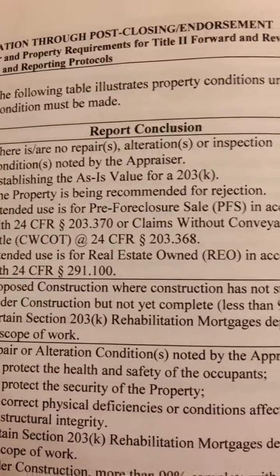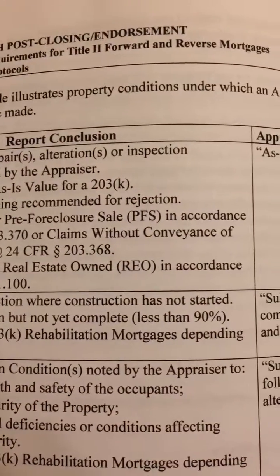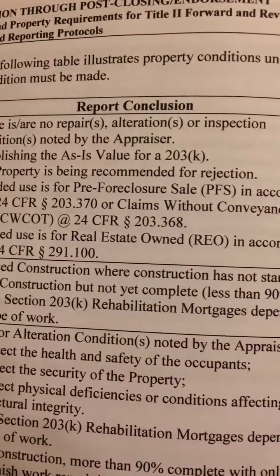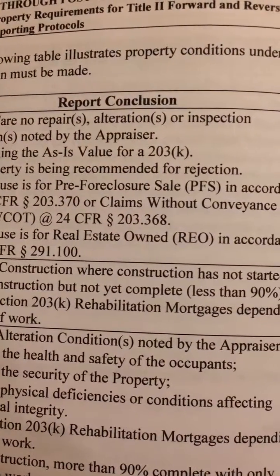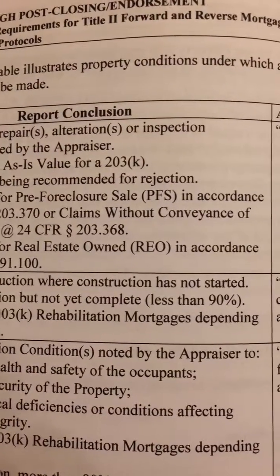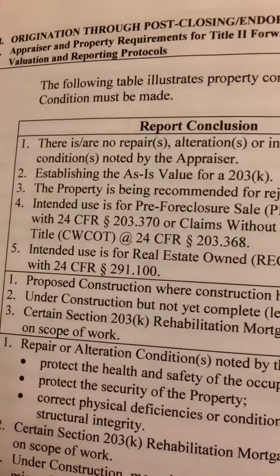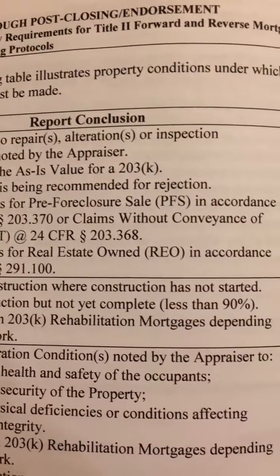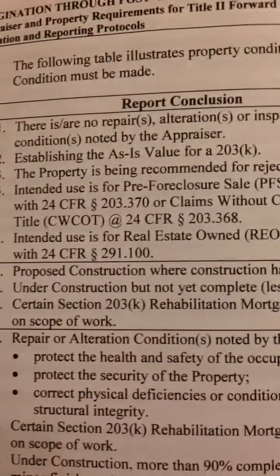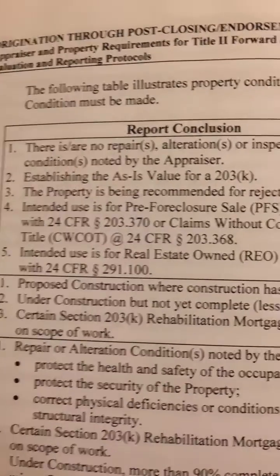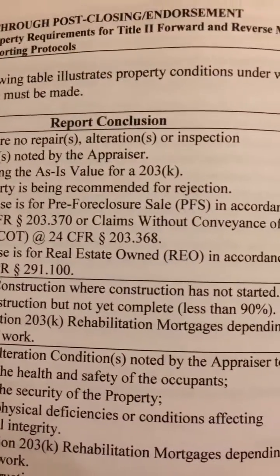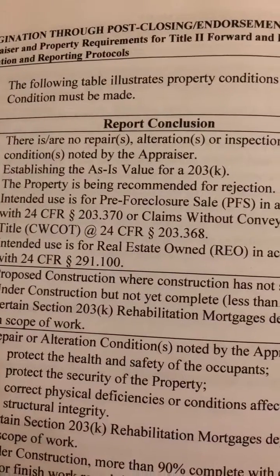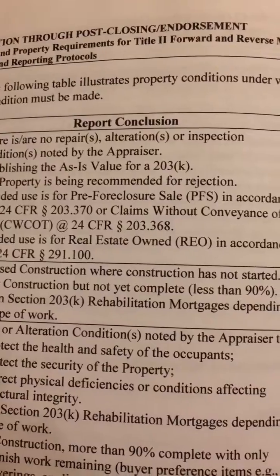Intended use is for pre-foreclosure sale, PFS, in accordance with 24 CFR 203.370, or claims without conveyance of title, CWCOT, at 24 CFR 203.368. 5. Intended use is for real estate owned, REO, in accordance with 24 CFR 291.100.